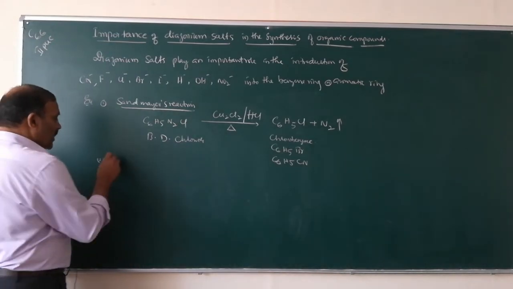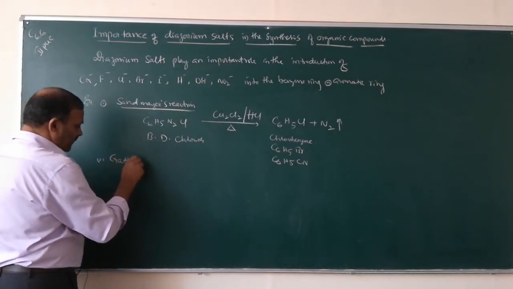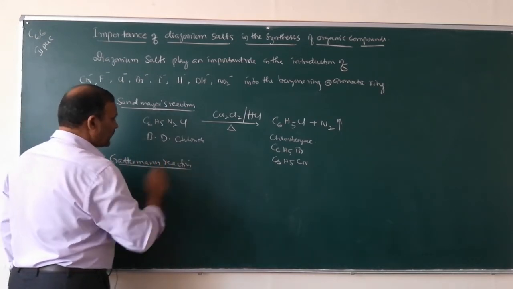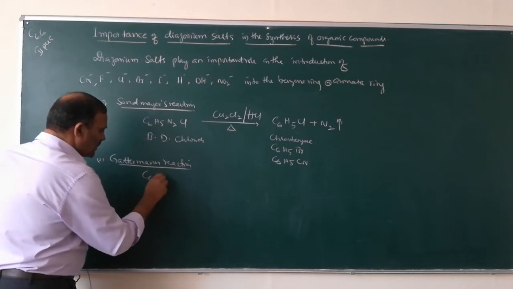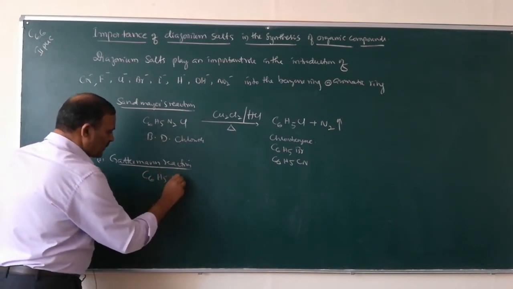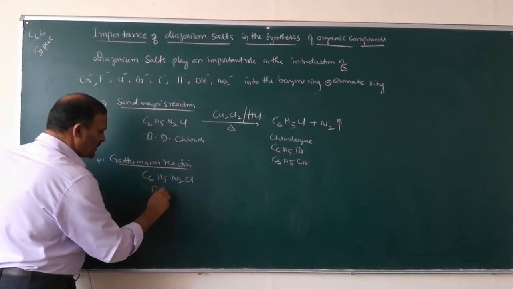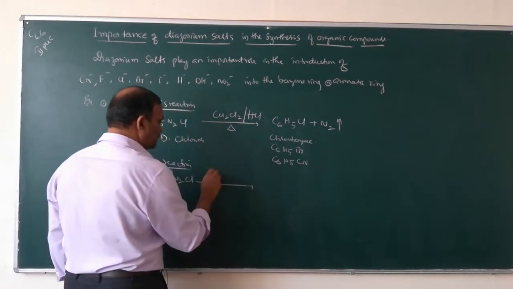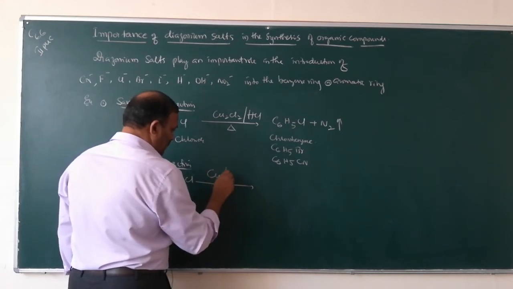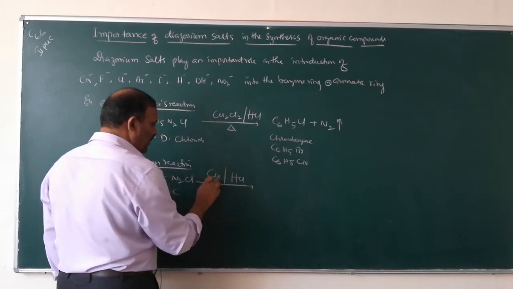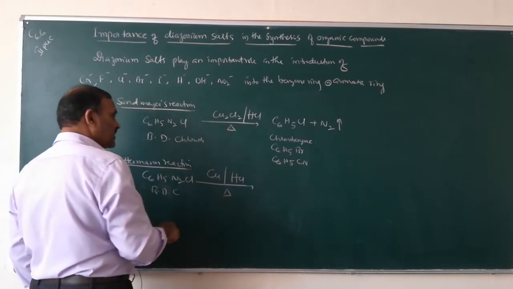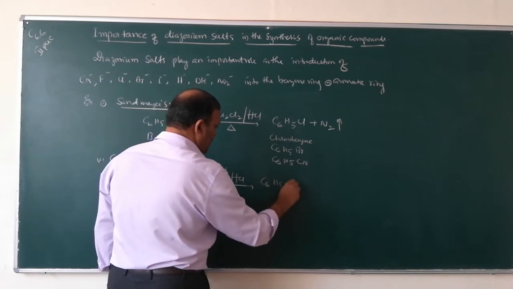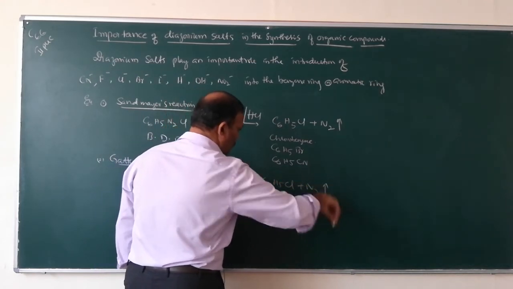So similarly, what is Gattermann reaction? Gattermann reaction. So when benzene diazonium chloride, C6H5N2Cl, is heated with hydrogen chloride in presence of copper powder, you will get C6H5Cl plus N2.